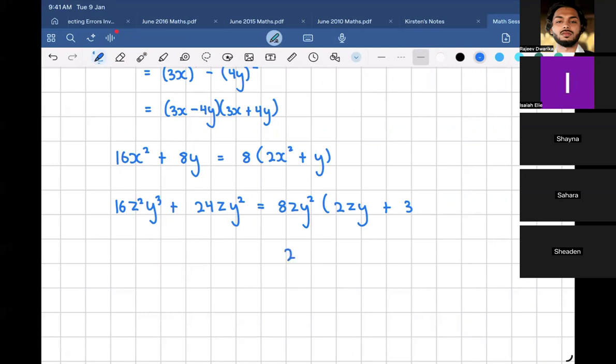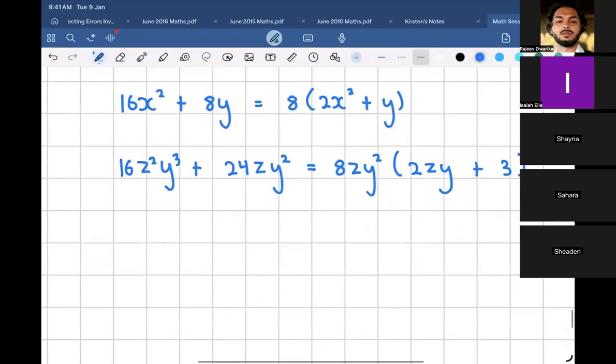If you're having a hard time seeing that, watch: 24z y squared divided by 8z y squared. 8 into 8 is 1, 8 into 24 is 3. Notice the z y squared and the z y squared would cancel off. So that's just going to be plus 3. Did that confuse you in any way? No, sir. No? Okay, cool. If any of you are confused at any point in time, please tell me.